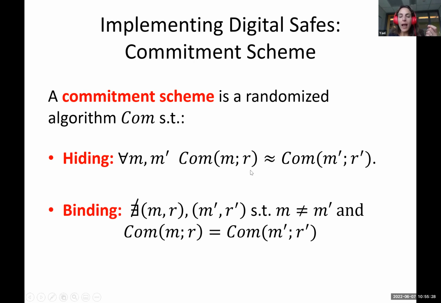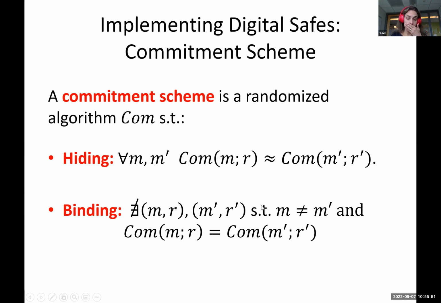So a polynomial time adversary cannot distinguish, even if he knew M and M prime. If I choose a random R and give him the commitment of M and R, or I choose a random R prime and give him the commitment of M prime with this randomness, these distributions look the same.